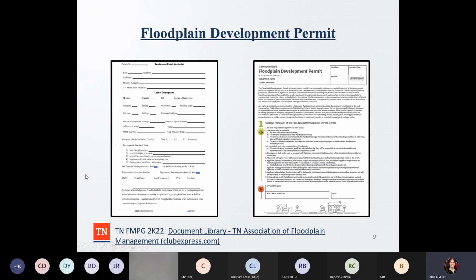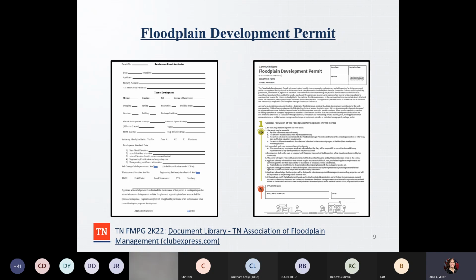So another thing that we've also had is a Tennessee floodplain management permitting guide. You can see down here that there is a link to that. On the left-hand side, I kind of joke and say that there's a dinosaur and then there's a Jetsons, right? So for some of you that just like something simple and easy to understand, there's the Word version here on the left-hand side where you can just go in and fill that out and check it off.